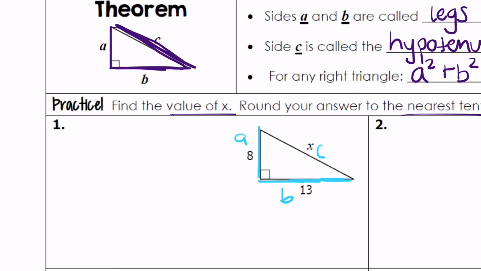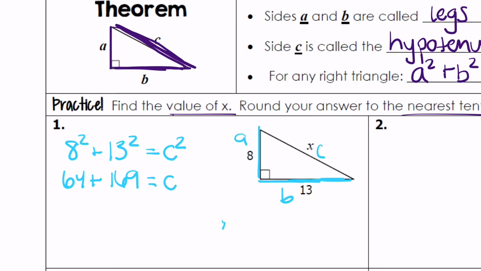So we're going to take 8 squared plus 13 squared, and that's going to equal c squared. 8 squared gives me 64 plus 169, which is 13 squared, equal to c squared.